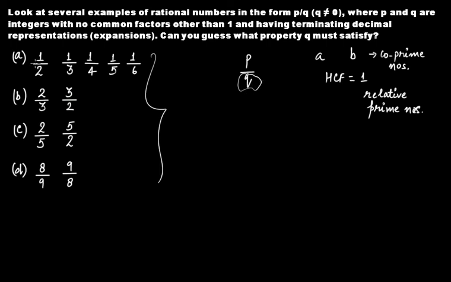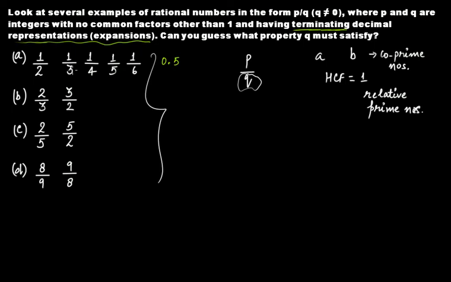Look at these rational numbers: 1 by 2, 1 by 3, 1 by 4, 1 by 5 and 1 by 6. Here your division must be terminating. It must be terminating decimal expansions. This is important. If you divide 1 by 2, you'll get 0.5. It's terminating.